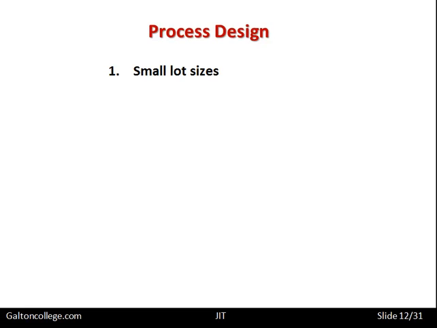Now the process design, well, small lot sizes will be very good, because small lot sizes means there is more flexibility in the system. It means that particular aspects of the production system are not tied up for long periods, making a lot of something, and perhaps some of these will then have to wait in the stores to be combined later with other components.